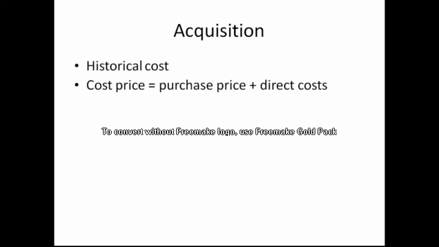An example of direct costs will be if you purchase a vehicle, you might want to install aircon if it's not already part and parcel of the vehicle. So that installation cost will add to the value of the vehicle, so it will form part of the cost price.